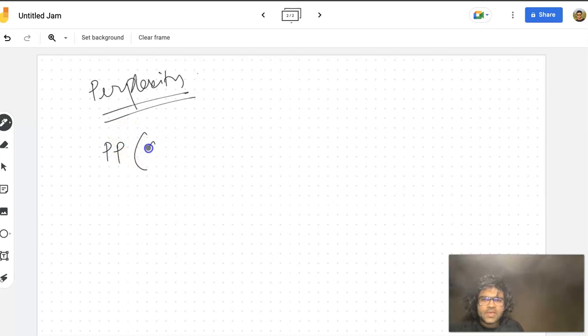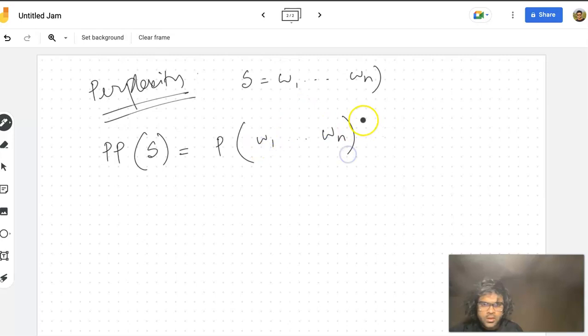The perplexity of a sentence is the probability of the sentence, so suppose S is W1 to Wn, the probability of the whole sentence normalized by the nth root, like 1 by the input.